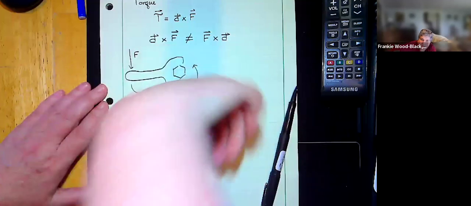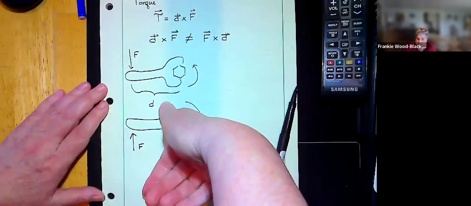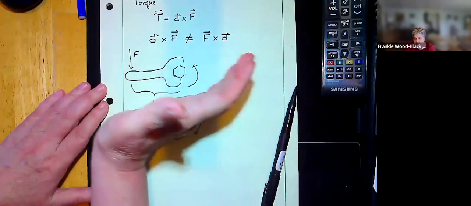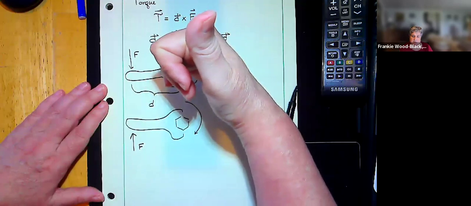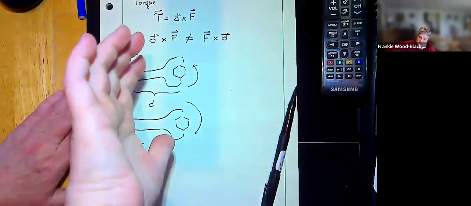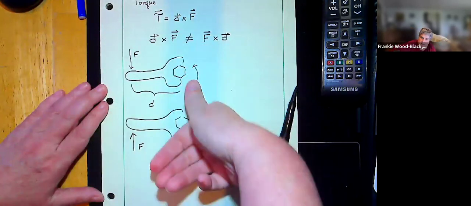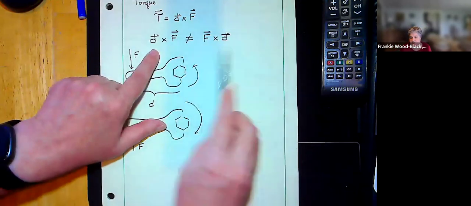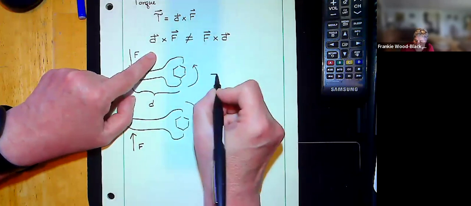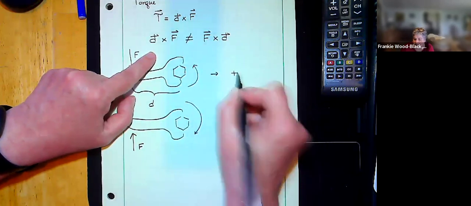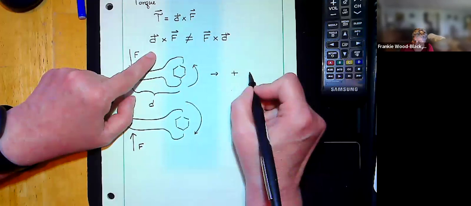The bolt rotates into the paper. So this is where the right-hand rule comes in. I'm coming up. This gives me the out of the paper. If I'm doing it this way, I'm going into the paper. That's why these aren't equal, because my directions, and we by definition have this as the positive direction.